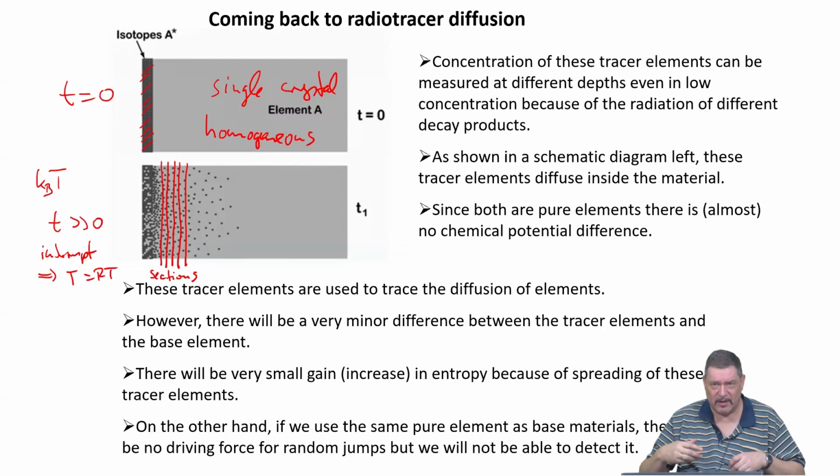So you can measure quantitatively concentrations of radioactively marked atoms to 10 to the 4 to 10 to the 5 lower concentrations as compared to any mass spectrometry. And this is the reason why people use radio tracer diffusion, just because you can measure much more accurately and with much less concentrations of these marked atoms inside of your material.